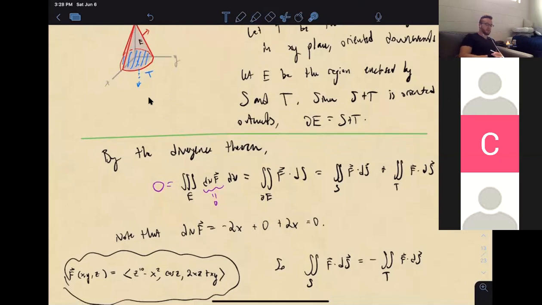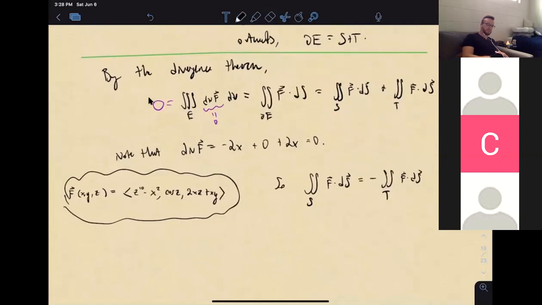So this is 0, this is 0, this is 1. So it'll probably be a lot easier. And now, before I do that, let me give you the alternative argument as well.